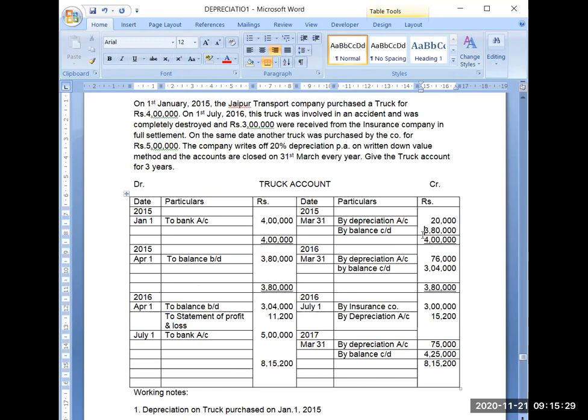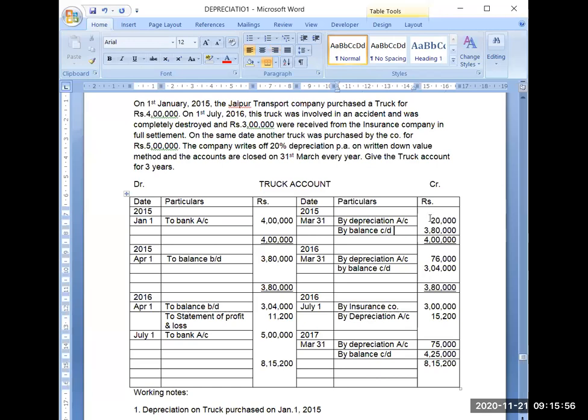So the first method is clear, that we have actually done already. When we charge depreciation to the asset account directly, you can see that the written down value will be reflected by the asset account. Is the first method clear? This is the first method of recording depreciation.